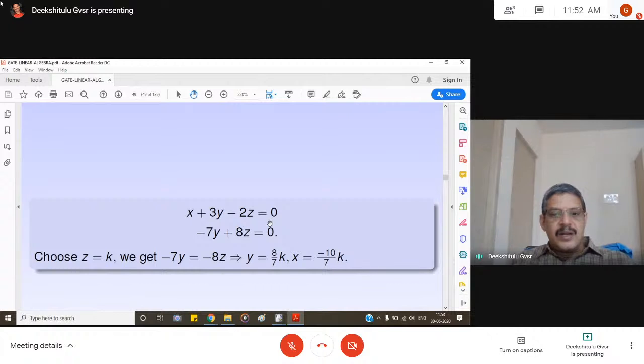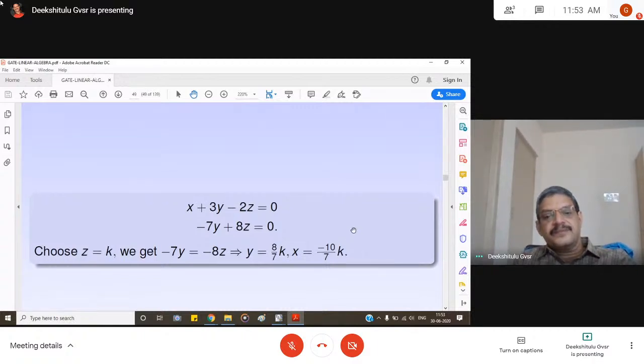So n minus r is 1. So let us say z is equal to some constant k. So we get y is equal to 8 by 7 k. If you put y and z in the first equation, x plus 24 by 7 k minus 2z is equal to 0. Our x depends on the value of k.